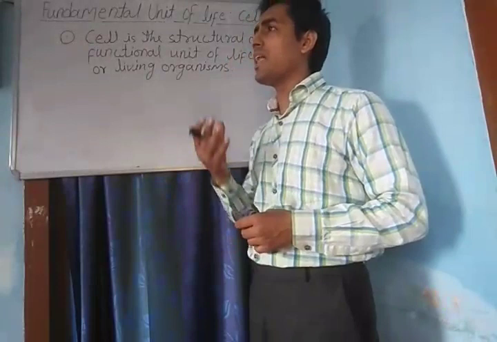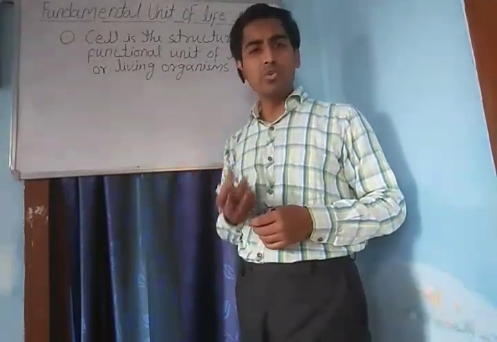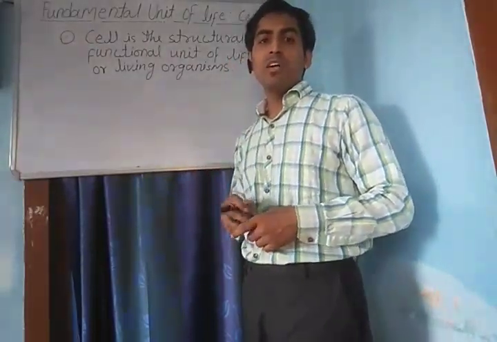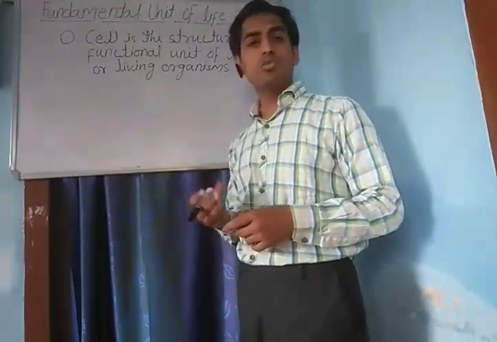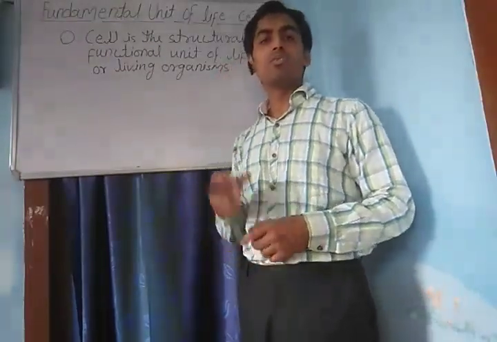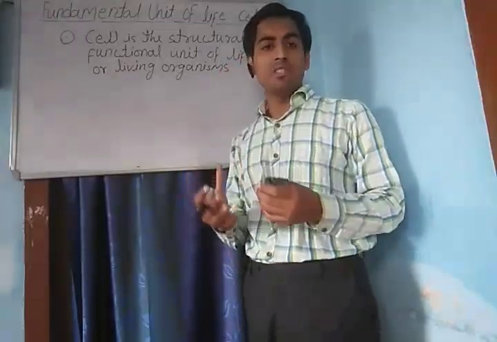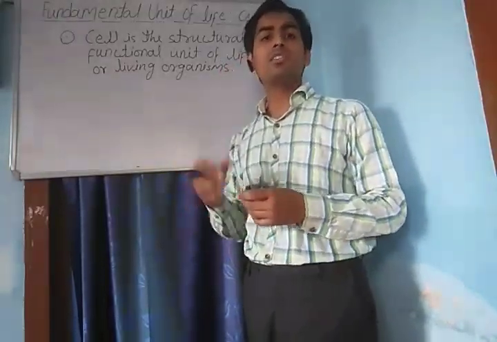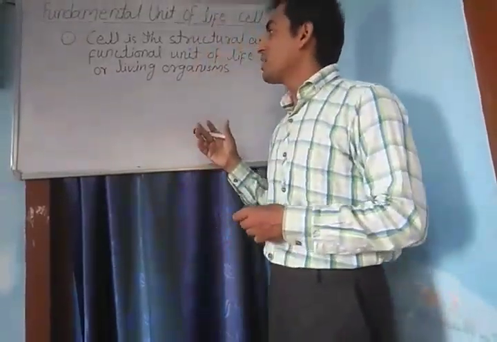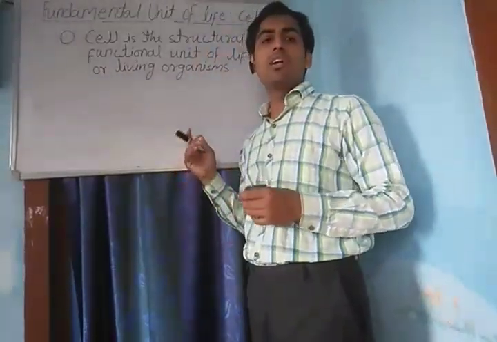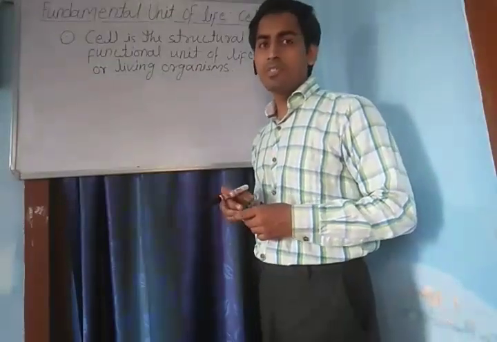As we know, cell is a very minute structure. So a special device known as a microscope is utilized to see the cells for the study of it. I have made a separate video on the topic discovery of cell.